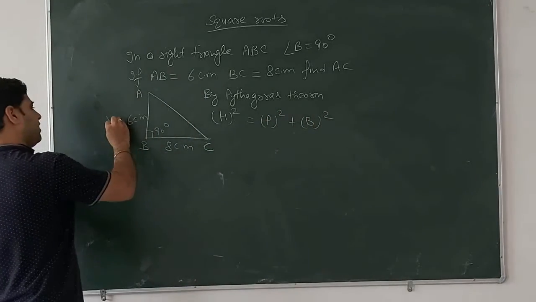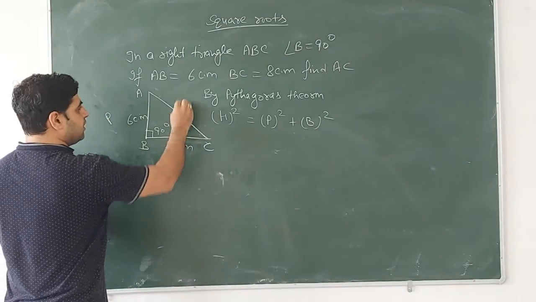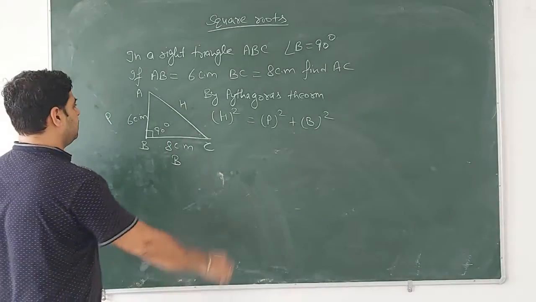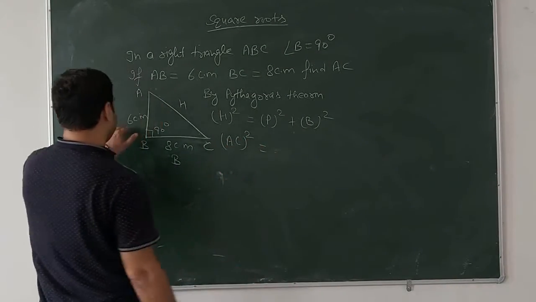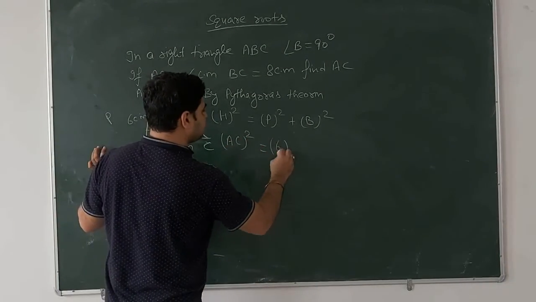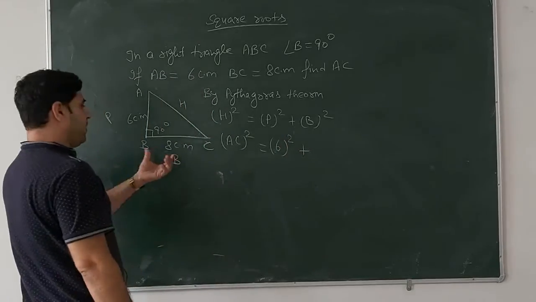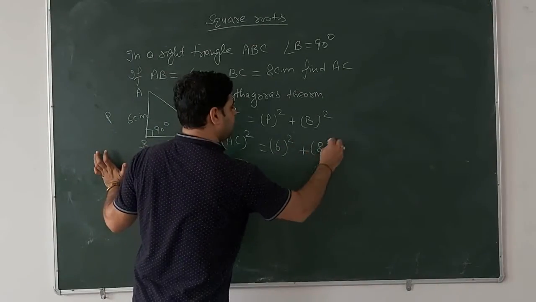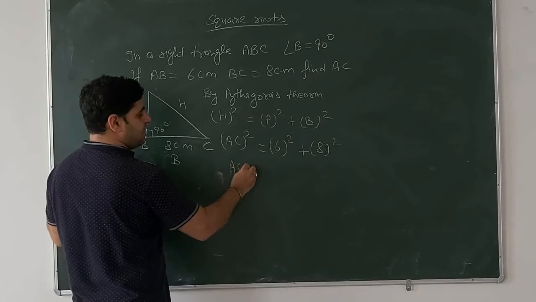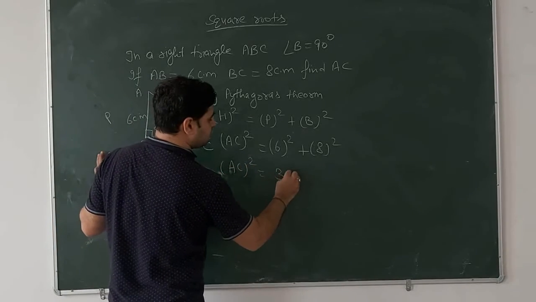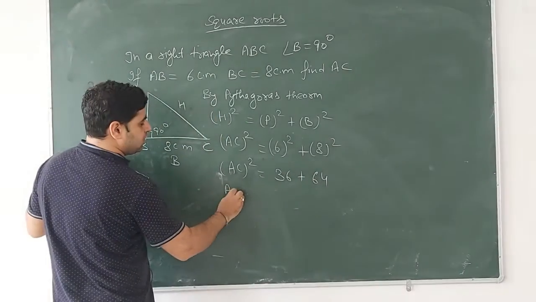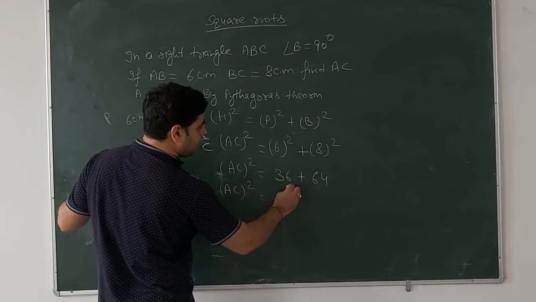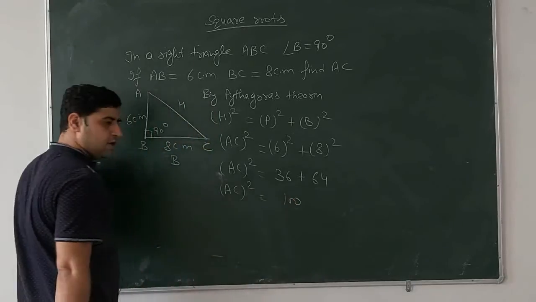This is perpendicular, this is base, this is hypotenuse. So AC square is 6 square plus 8 square, that is 36 plus 64. So AC square becomes 100.